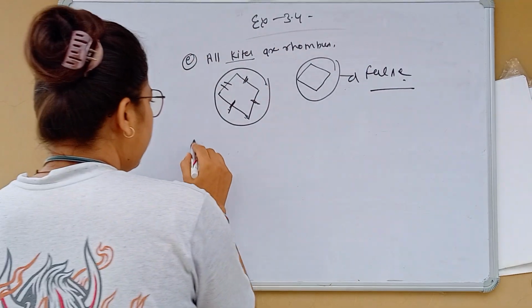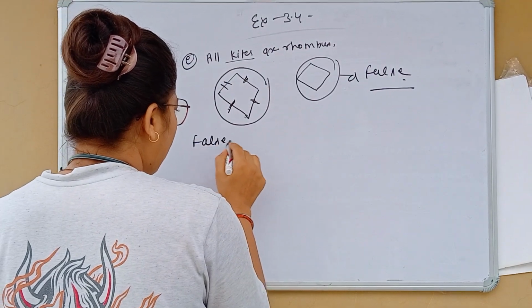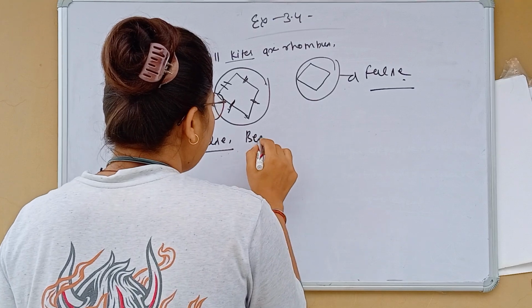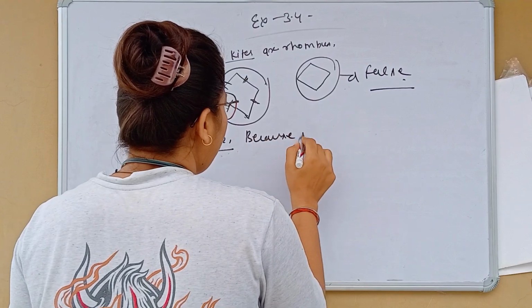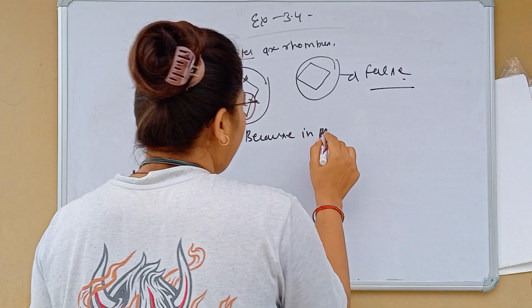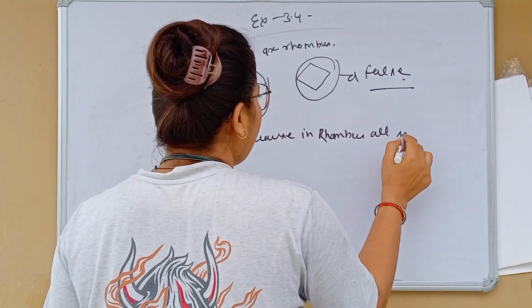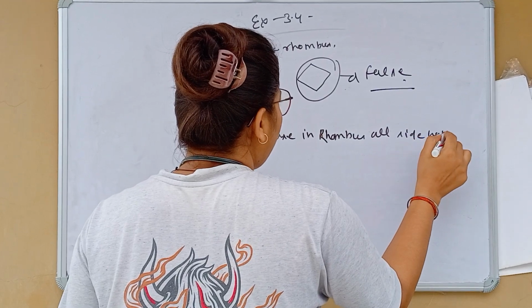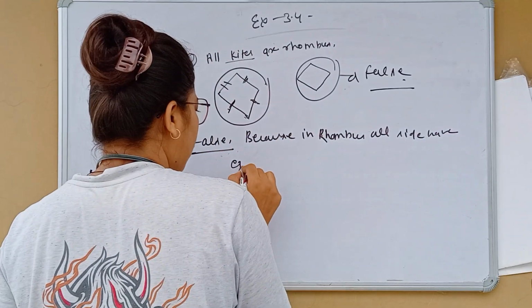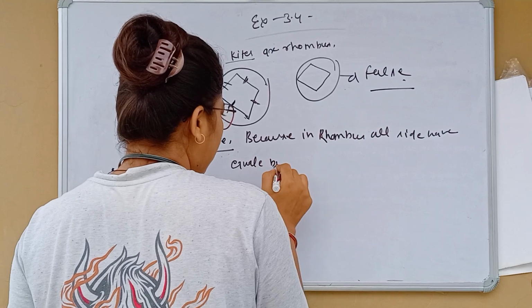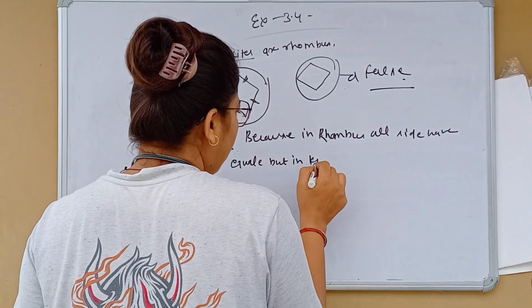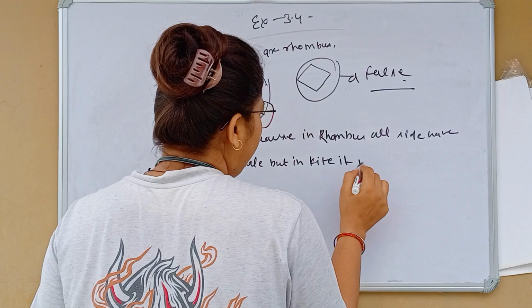So the statement is false. Why? Because in a rhombus, the rhombus property written is all sides are equal, but in a kite it's not mandatory.